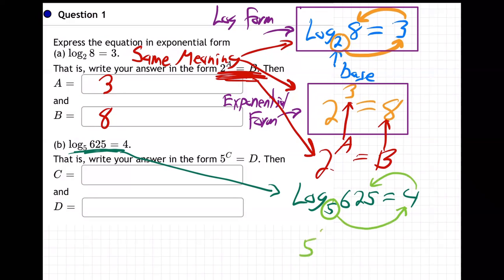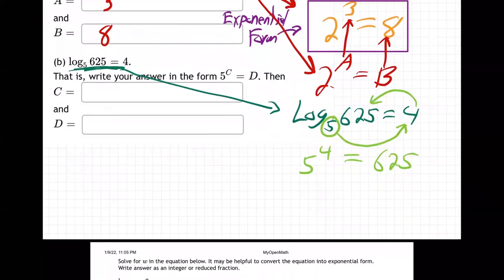So it becomes 5 to the 4 equals 625. That's exponential form. Notice how we dropped the log word when we do that. Whenever you do that swish thing, you lose the log, because you've just changed out of log language into exponential language.